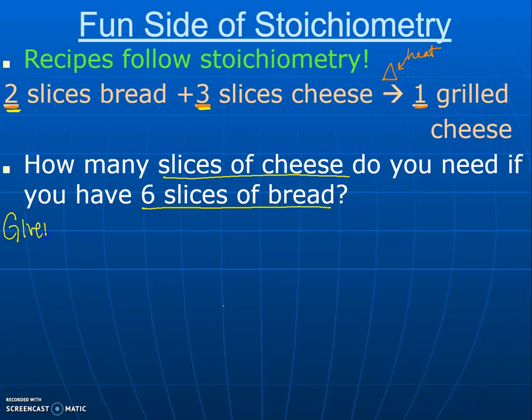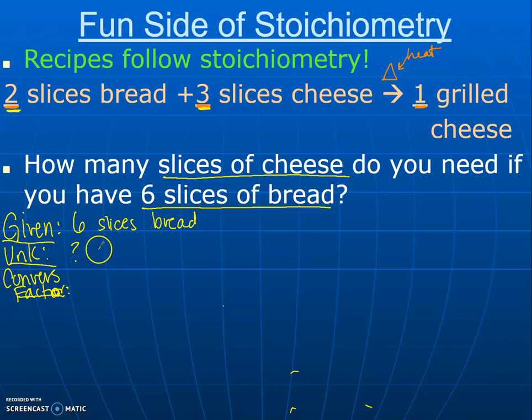So first identify what is given, what's unknown, and what our conversion factor is going to be. We are given 6 slices of bread, and we want to know how many slices of cheese.